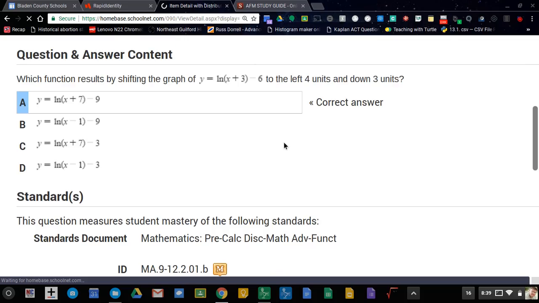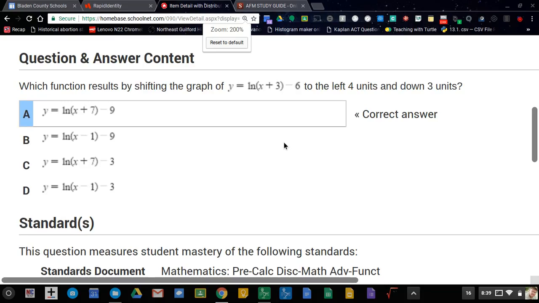So guys, this one, do you need me to zoom in a little bit? All right, are y'all listening?